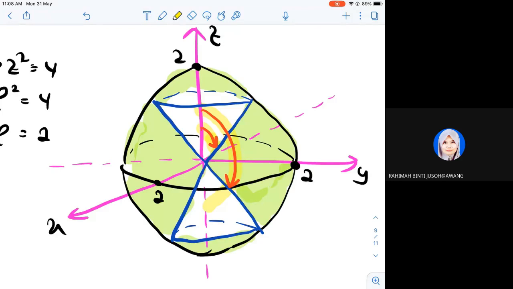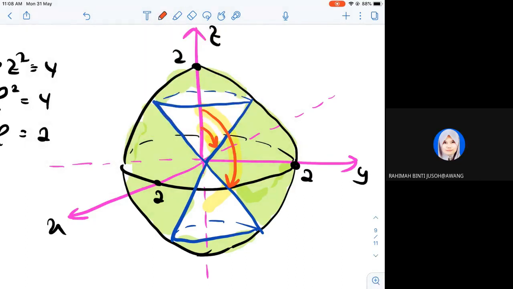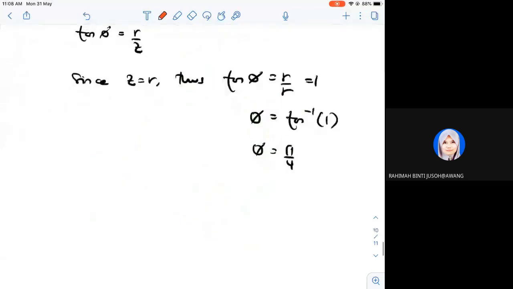How? 180 minus 45. Clever, very good. So this is phi1, and the bigger one is phi2. Okay, so phi1 is 45 degrees. So phi2, we just have pi minus pi over 4, or 180 minus 45 degrees. So we will have 3 pi over 4.